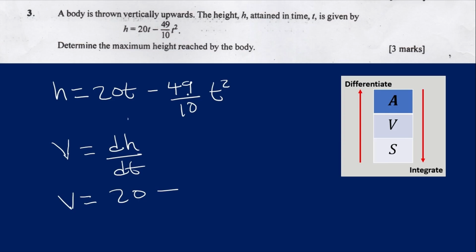It means that 2 will multiply 49 over 10, where we will have 49 over 5, and the exponent will decrease by 1. That's the laws of differentiation. And remember, at the maximum height, the final velocity v is equal to 0. So we are going to replace v with 0 and find the time taken to reach the maximum height.